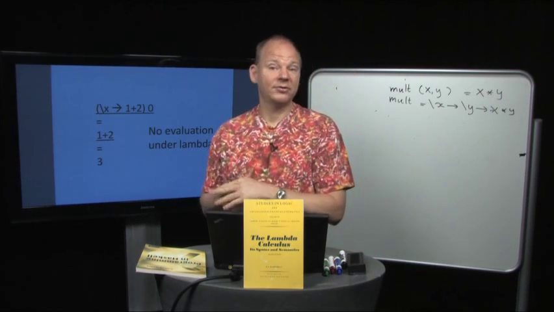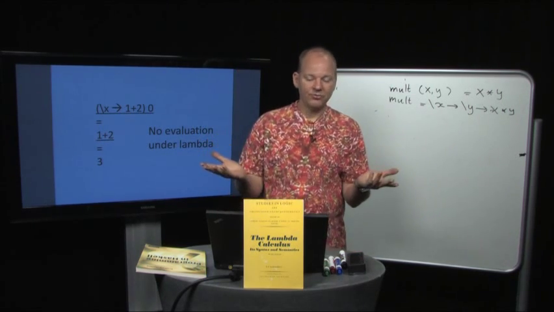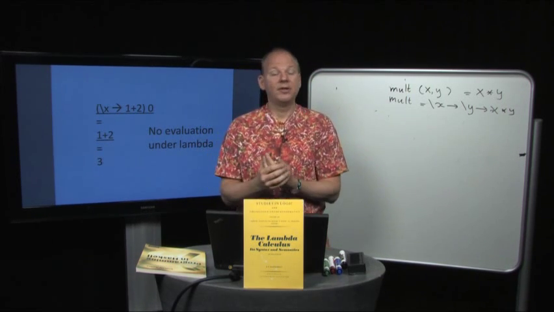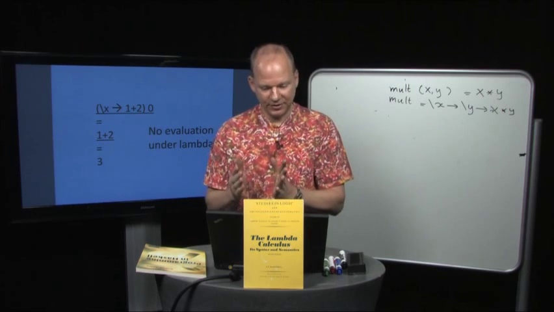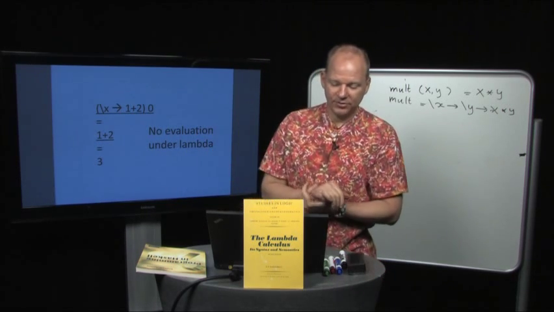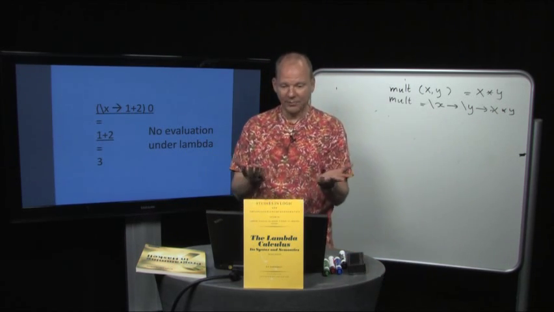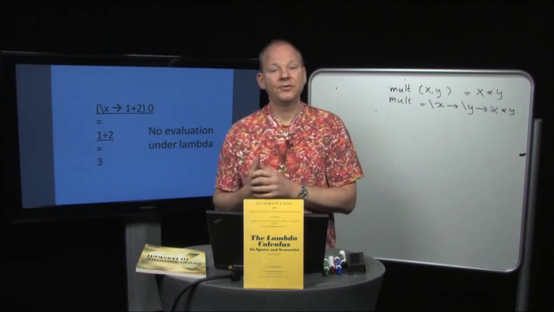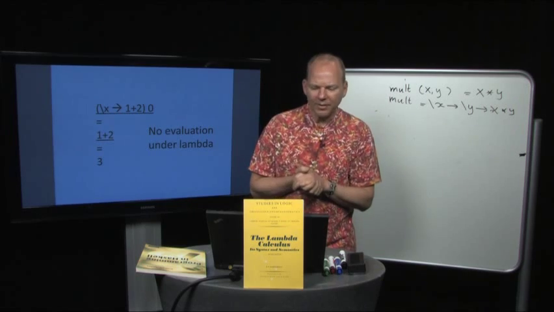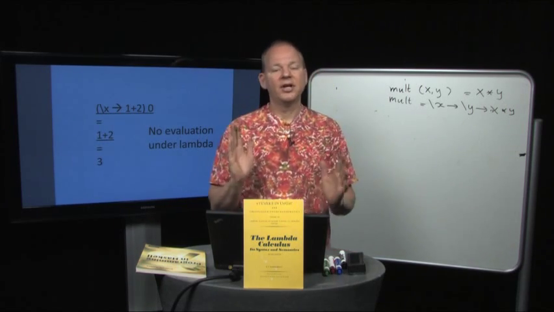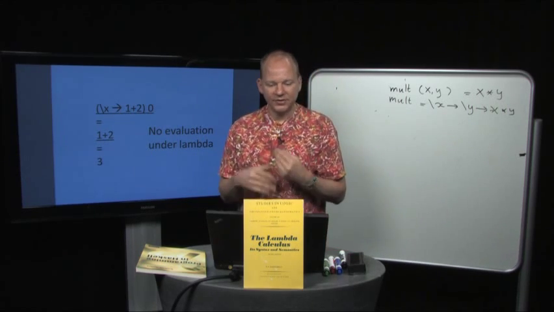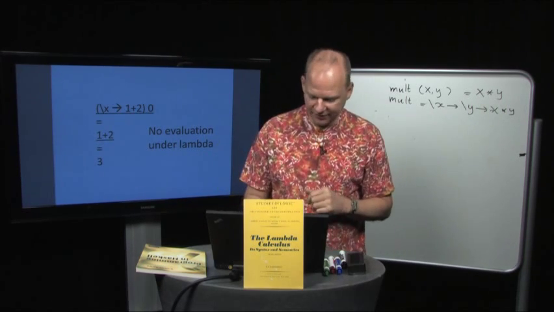Notice that if I would execute under the lambda, that would be fine too, because in that case the body of the lambda would be reduced to 1 plus 2. I would have lambda x, 3, apply that to 0, and that would be 3 too. But Haskell considers lambda expressions to be values, and so it doesn't execute underneath.